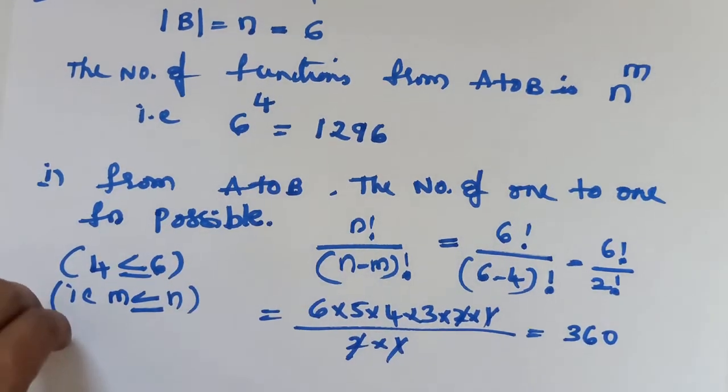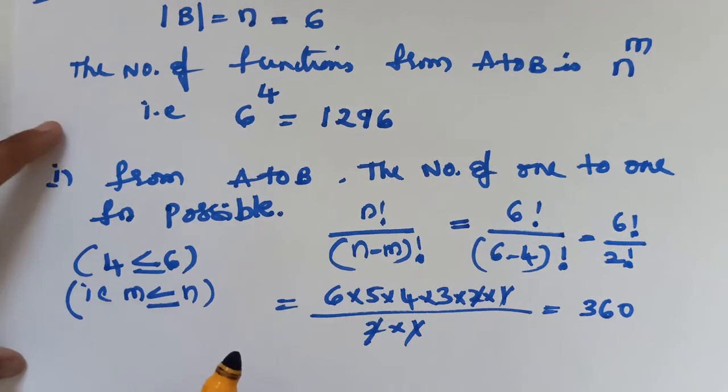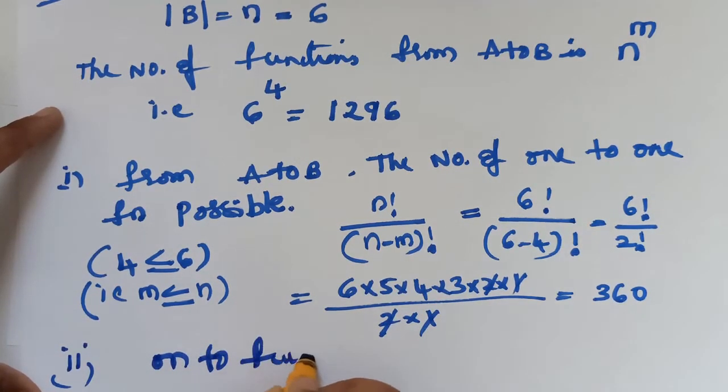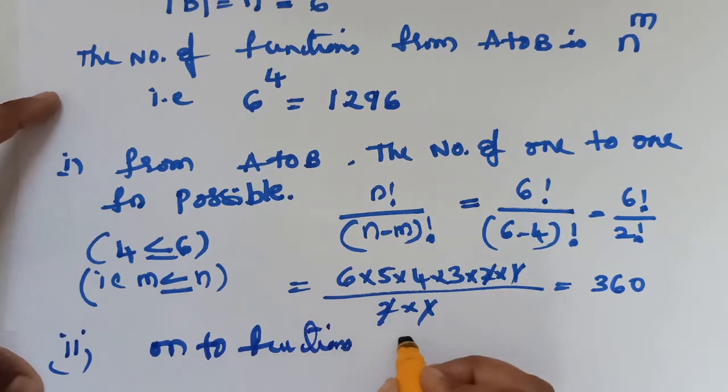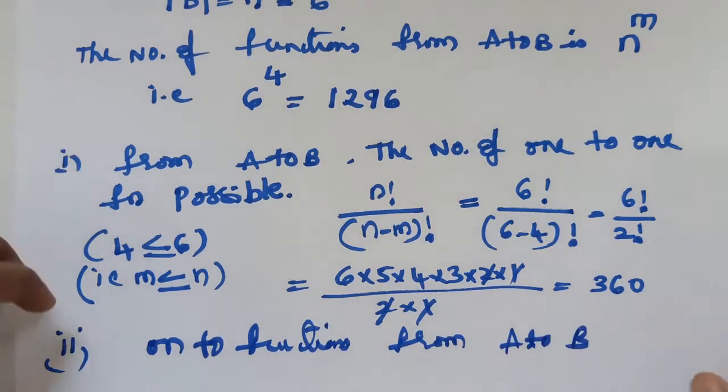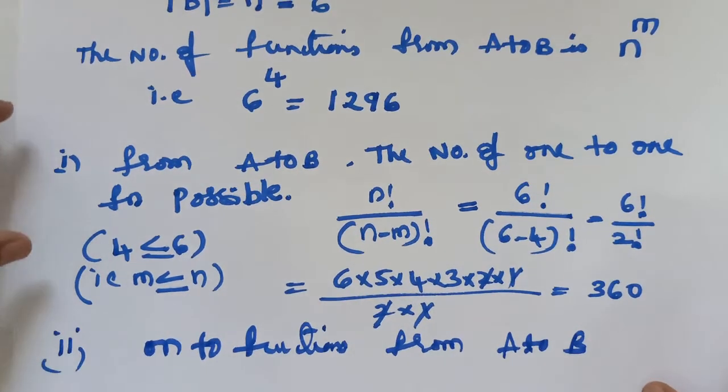Similarly, we need to find how many are onto functions from A to B. What is the cardinality of A?